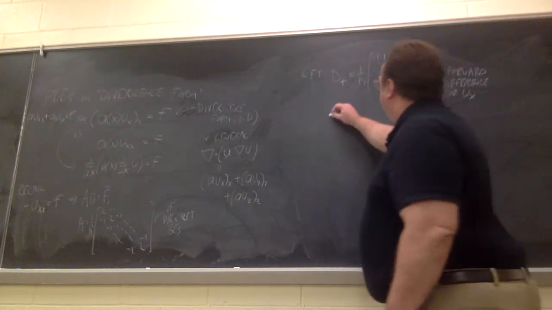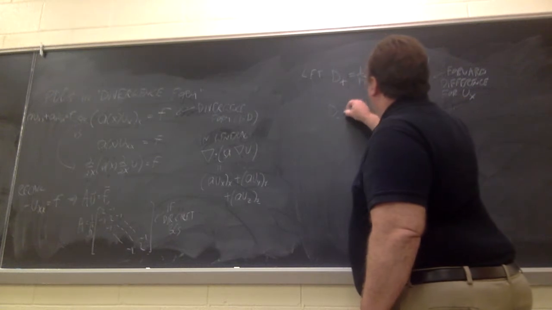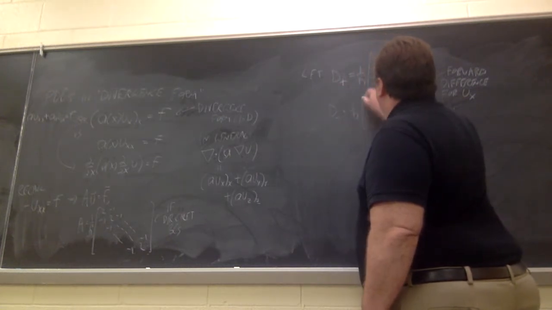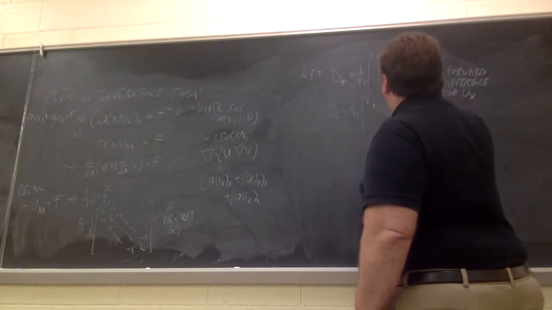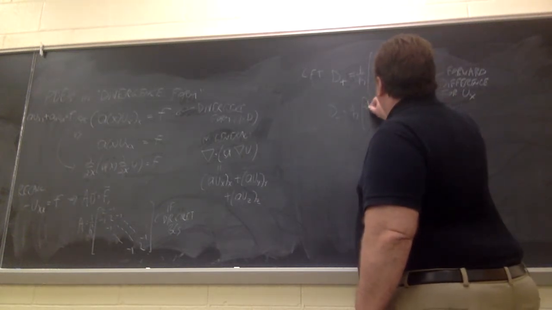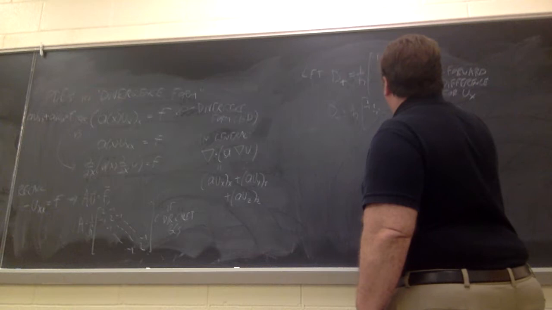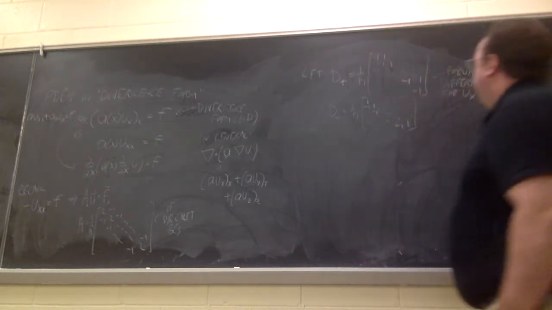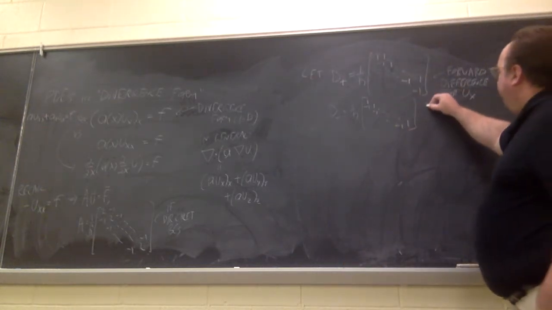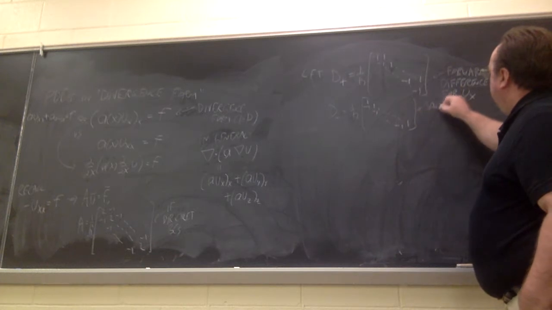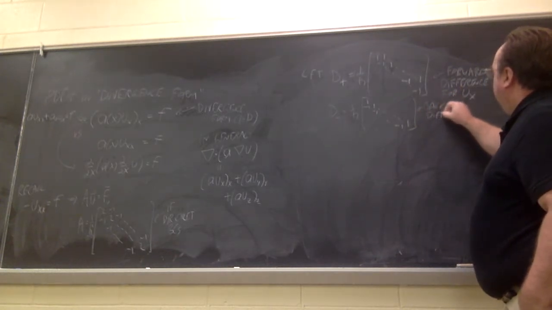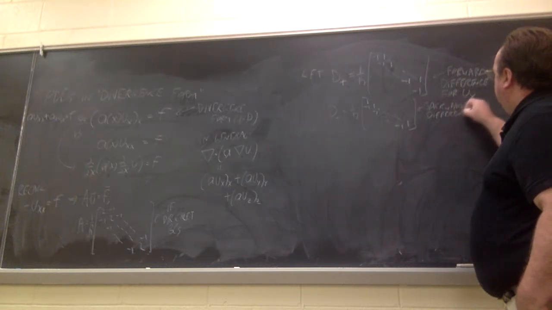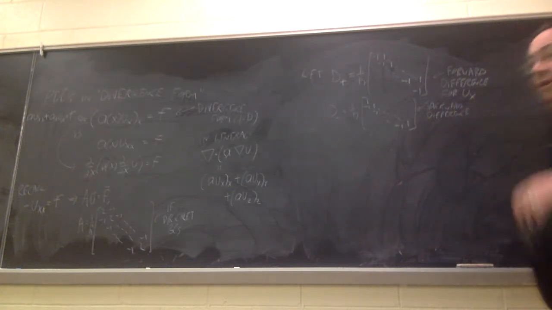Now, also the backward difference. So here we have ones on the diagonal, minus ones below, and then zeros everywhere else. So that's the backward difference.